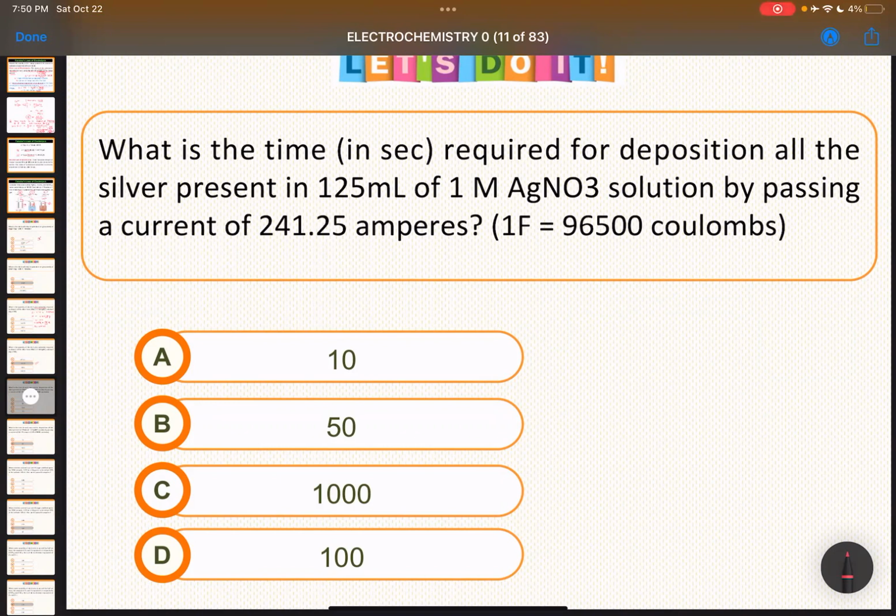That you need to calculate. The answers are only in the multiples of 10.